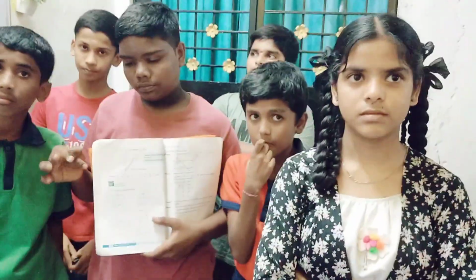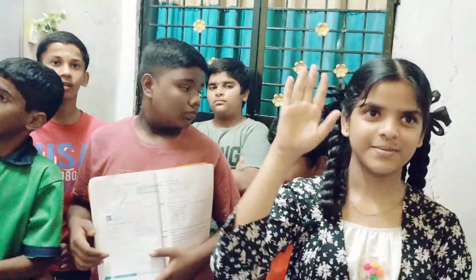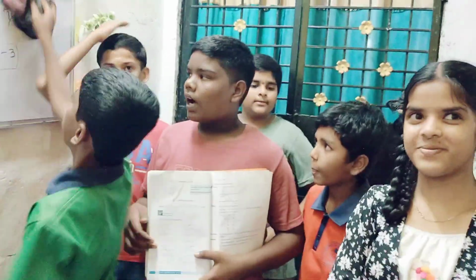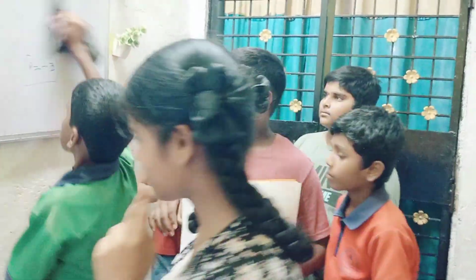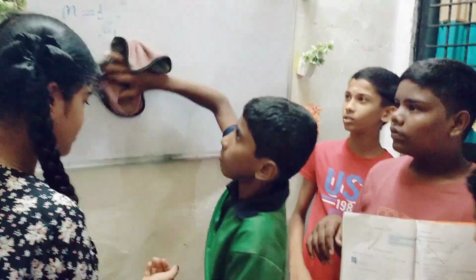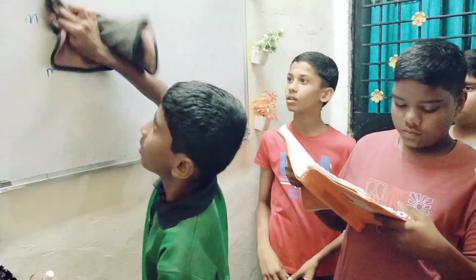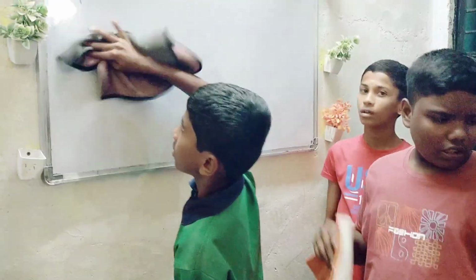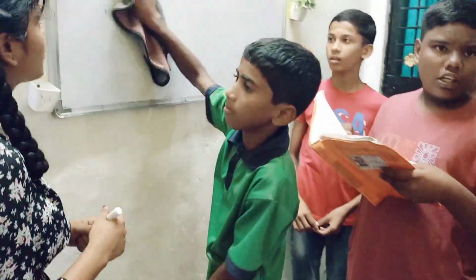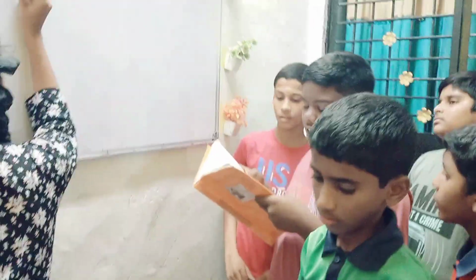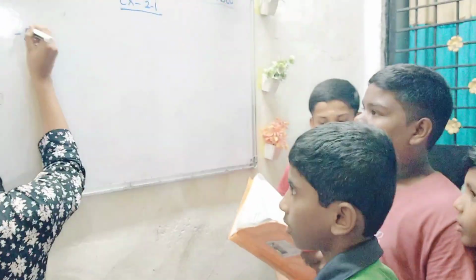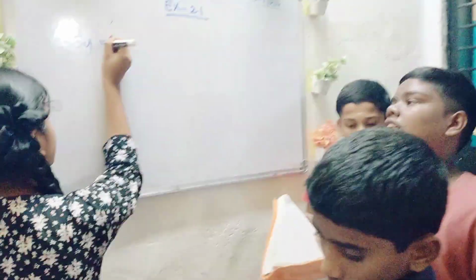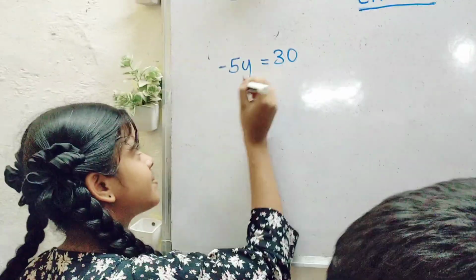Then next equation, who will do it? Please rub the board. Bhagya, please take it. Rishi, dictate the next equation to her. Come on, fast, kid. Minus 5y is equal to 30.